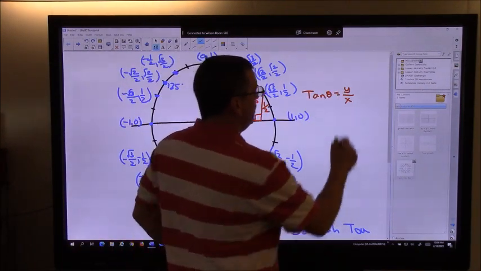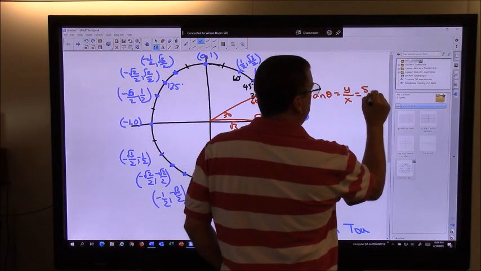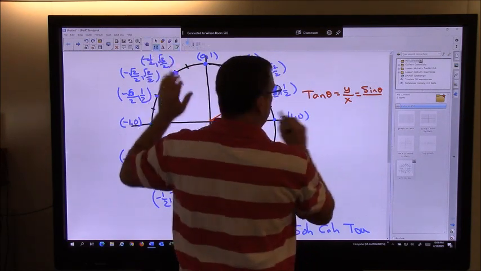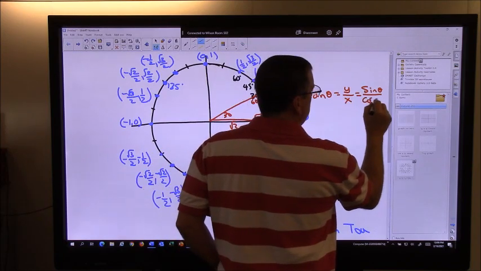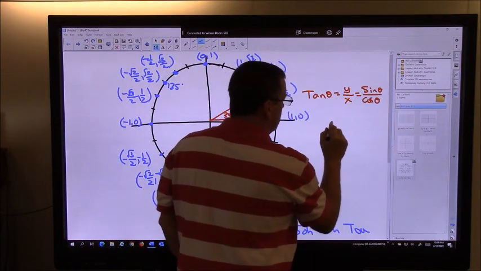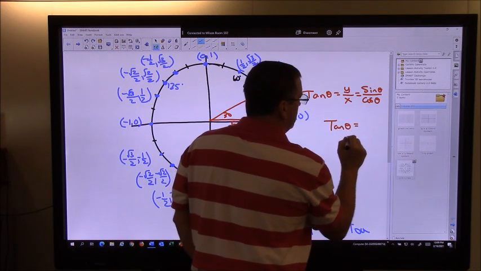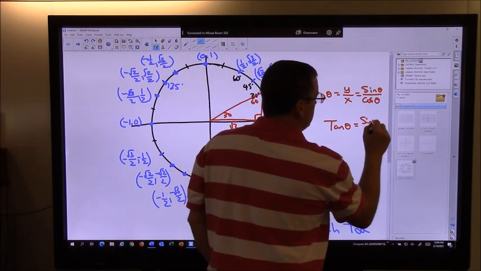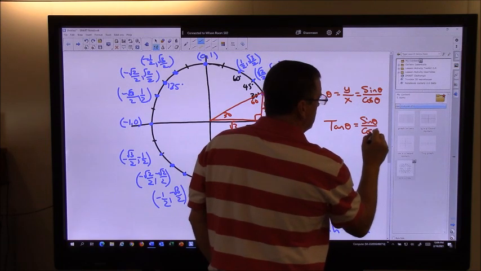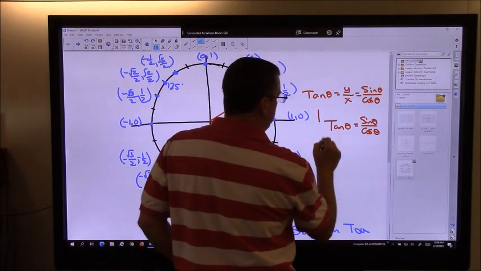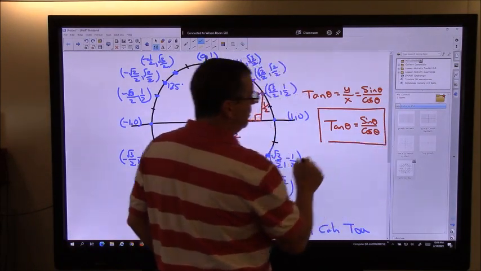Well, the y-coordinate is just the value of the sine of theta, and the x-coordinate is just the cosine of theta. So tangent of theta is equal to sine theta over cosine theta. That's a pretty important piece of information right there.